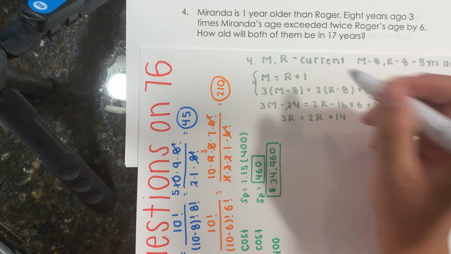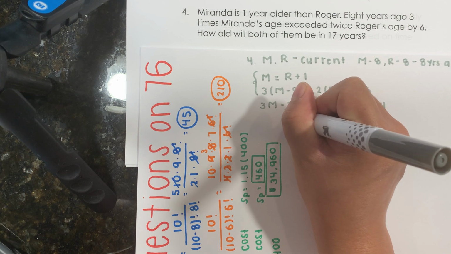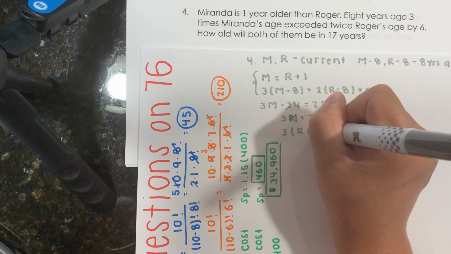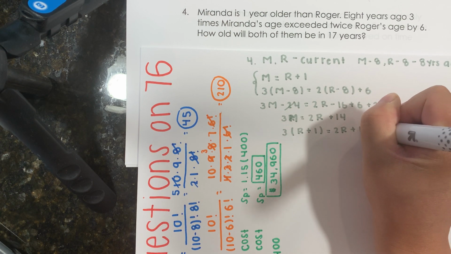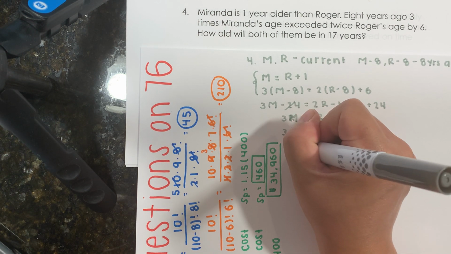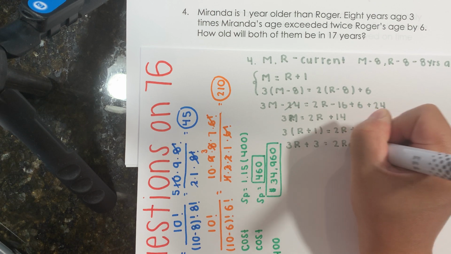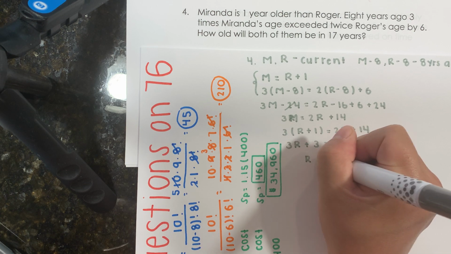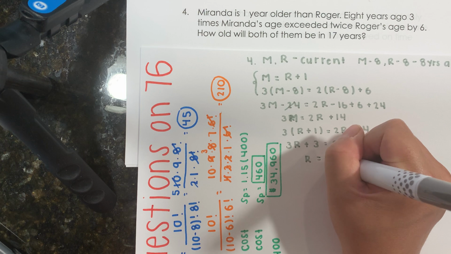Now I'm going to do substitution and input that into the top. This should be 3m, so that'd be 3 times r plus 1 equals 2r plus 14. So 3r plus 3 equals 2r plus 14, which means that Roger's current age is 11.